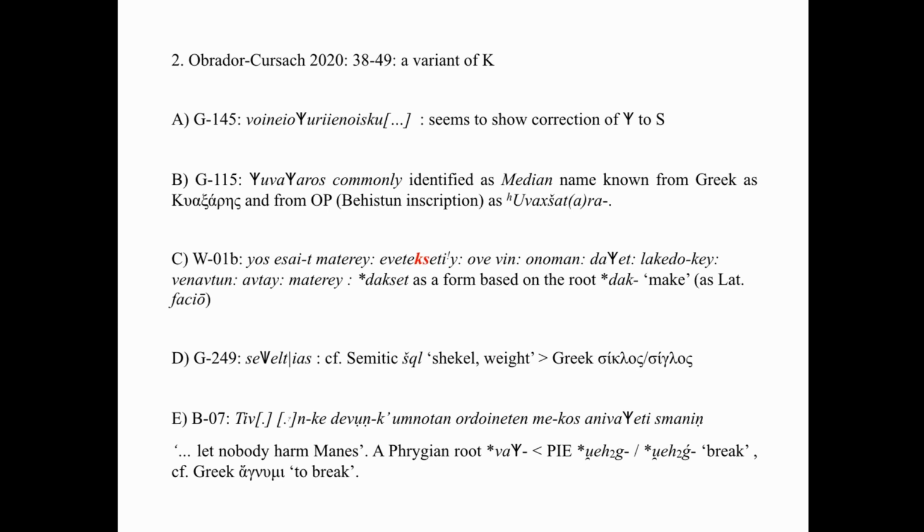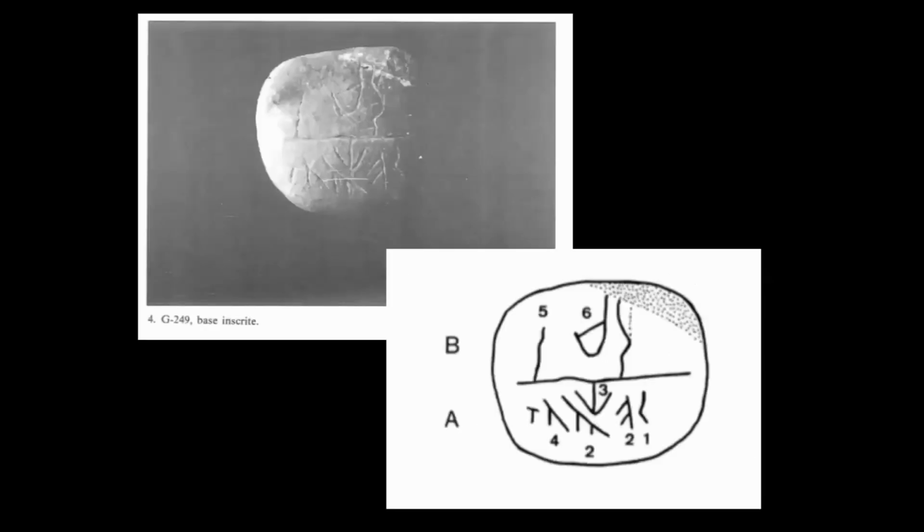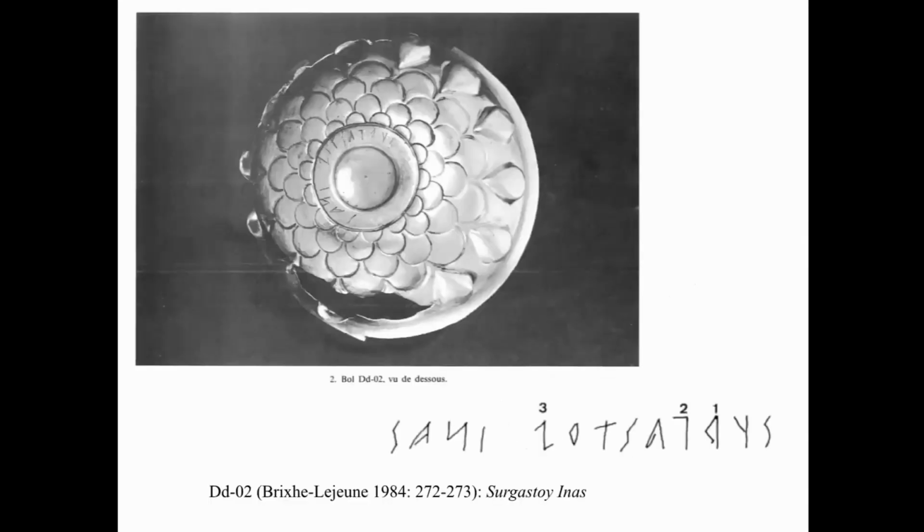I will return to these cases a little bit later, but I would start with my own proposal, an argument for the reading of the letter, with another case which was not identified so far. It is found on a bowl, which is currently in Geneva.